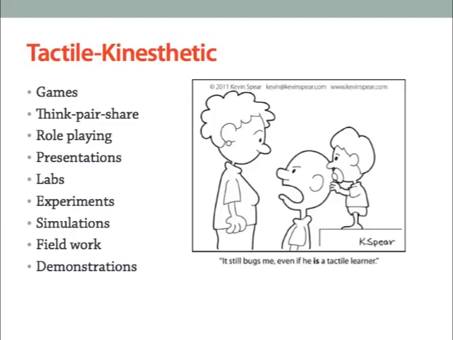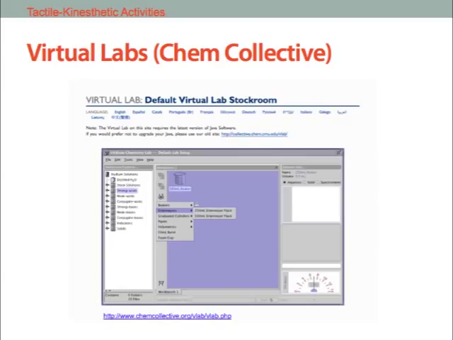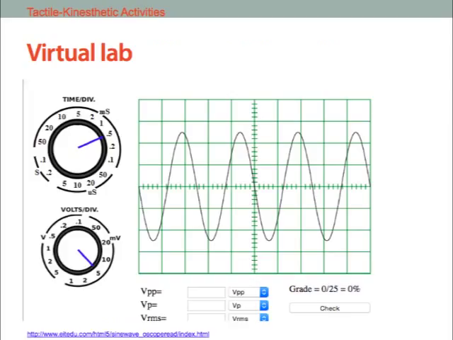Games, think, pair, shares, role-playing, presentations, labs, experiments, simulations, fieldwork, and demonstrations are just a few of those elements. Many virtual labs are free to use on the internet and give students the opportunity to participate in labs.